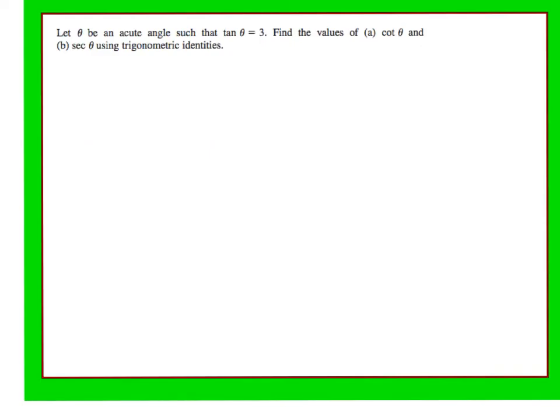The theta being an acute angle such that tan theta equals 3. Find the values of A, cotangent theta, and B, secant theta using trigonometry. All right, so tangent theta is equal to 3. Well, what's tangent? Opposite over adjacent, right? So I have tangent theta is equal to opposite over adjacent.